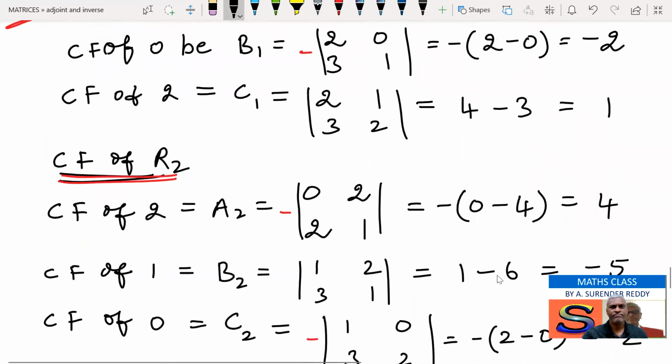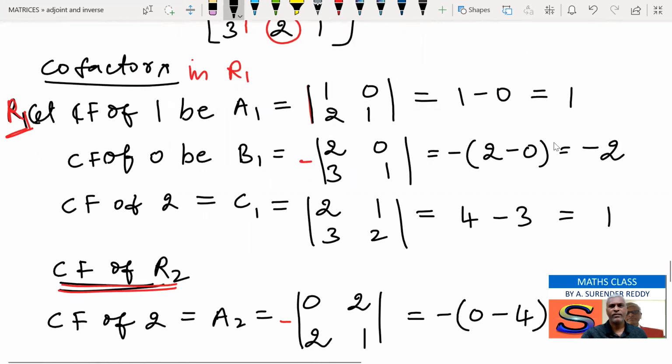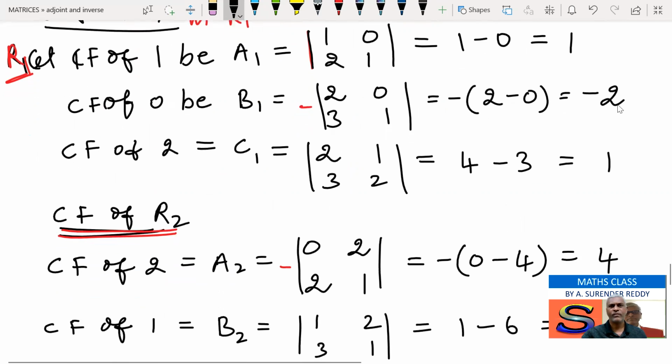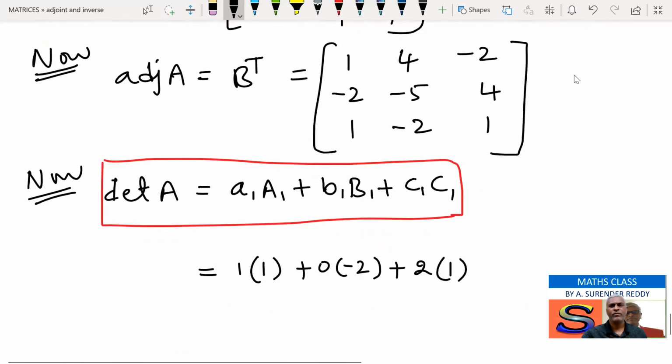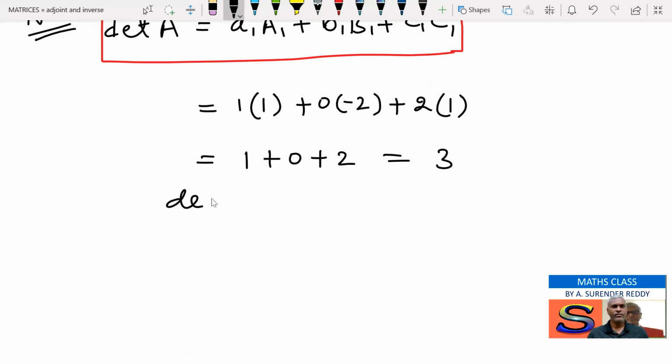Look at this. 1, 0, 2 are the first row elements and their cofactors 1, -2, 1. So that is det A: 1, 0 into anything 0, plus 2. So 1 plus 2 is 3. So determinant det A is 3.